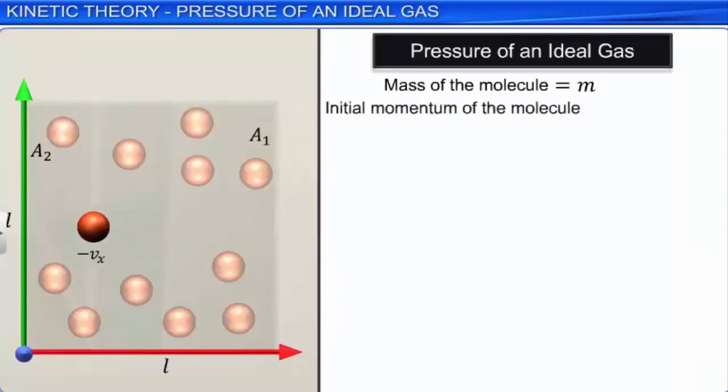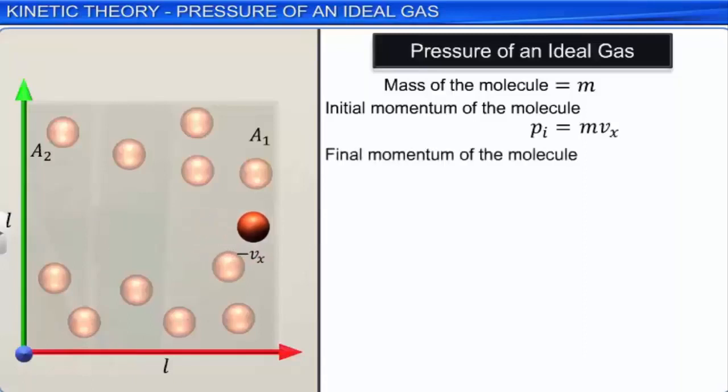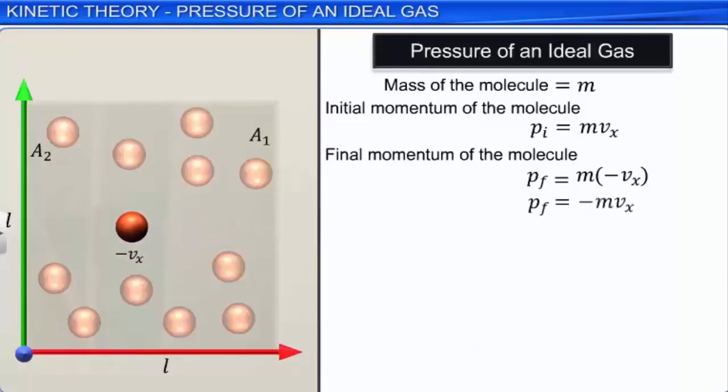Then the initial momentum of the molecule along the x-axis, Pi, is equal to mVx. The final momentum of the molecule along the x-axis, Pf, is equal to m into minus Vx, or Pf is equal to minus mVx.